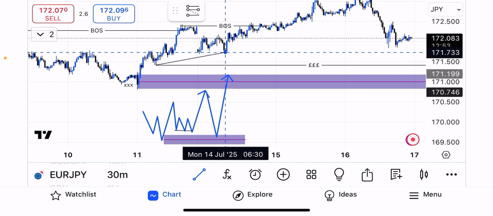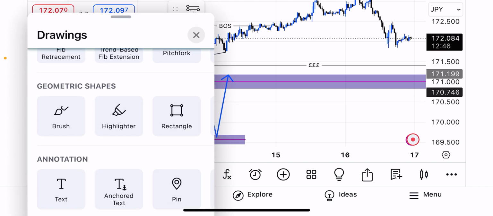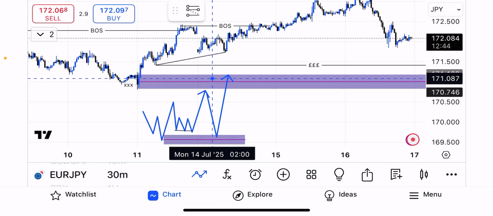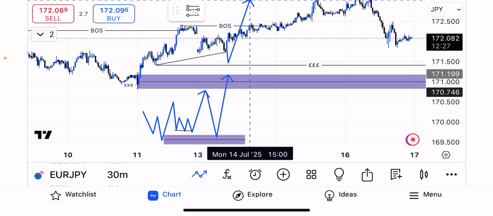Sometimes price can just come here and sweep this liquidity. It can just take out this liquidity, without grabbing this one, and price can just reverse upwards. Remember, price is after the liquidity. It's not really after your block.